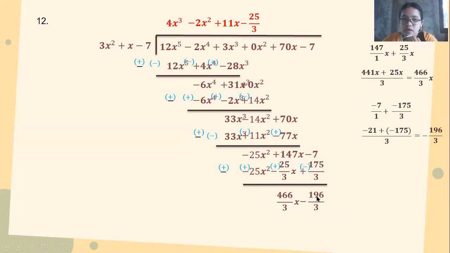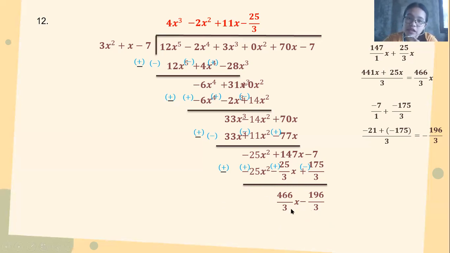So ito na. So, yung ating exponent ng x natin dito is 1 and mas mababa na siya kasi sa ating divisor. So, hindi na natin siya pwedeng ma-divide at yung 466 over 3x minus 196 over 3 natin ay yung ating remainder.